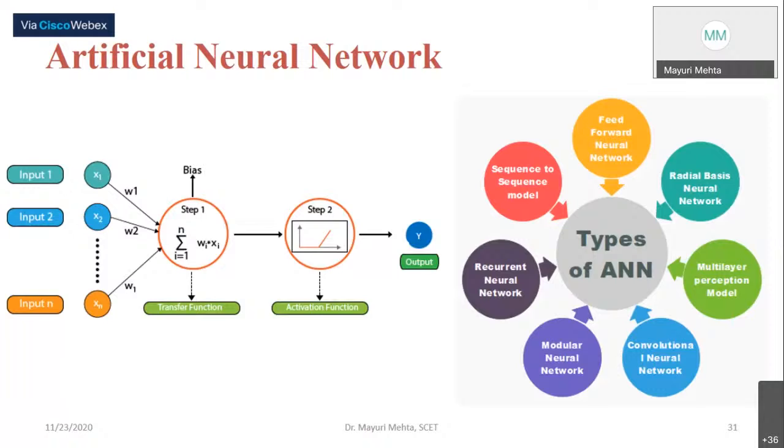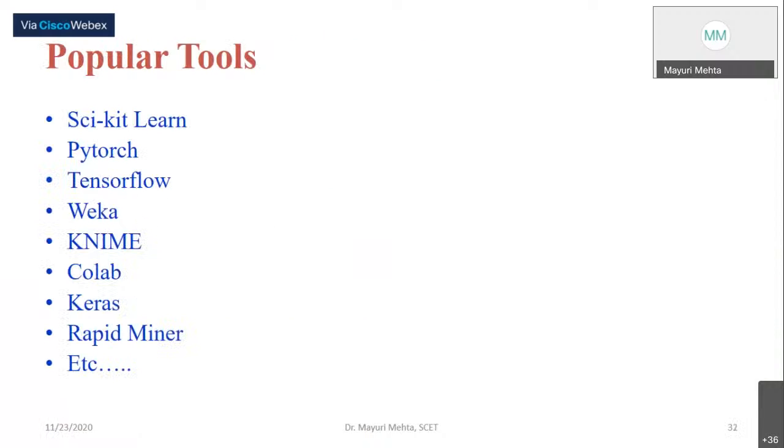These are the various types of artificial neural networks: feedforward neural network, radial basis neural network, sequence to sequence model, which is used to process text, recurrent neural network, which is also suitable for natural language processing, modular neural network, and convolutional neural network, which is more suitable for image processing, right? So these are the different types of artificial neural networks. And these are advanced artificial neural networks which we are using to solve the most complex problems in our daily life.